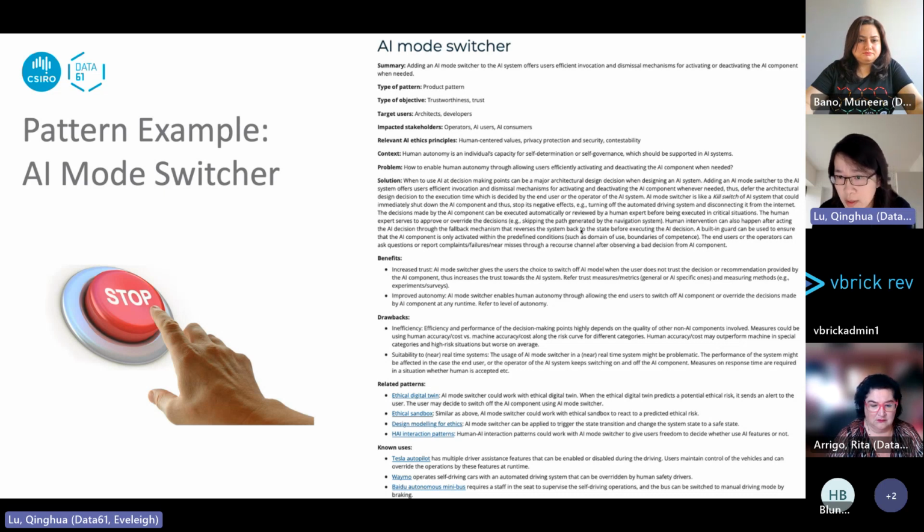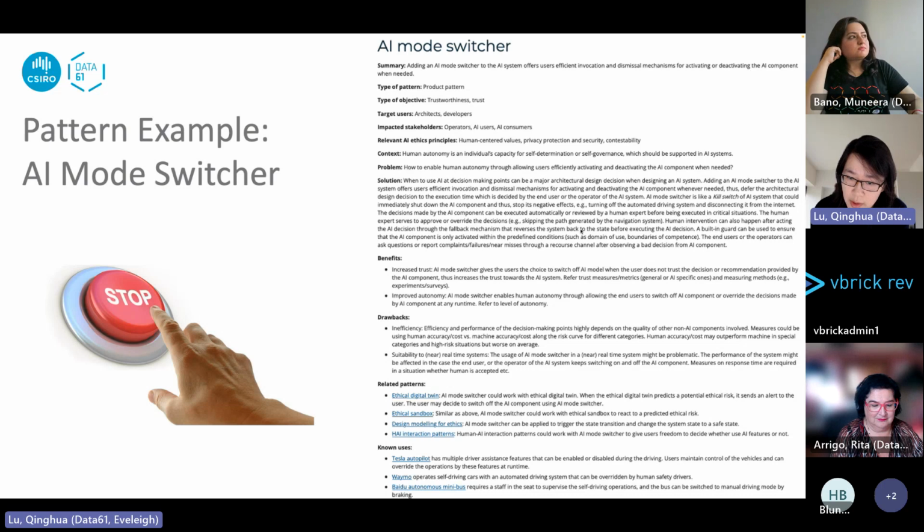For this pattern, users can activate or deactivate the AI component whenever needed. It's like a kill switch button in the system, so it can immediately shut down the AI component and stop its negative effects at runtime. We also analyze the benefits, which include increased trust and improved autonomy.